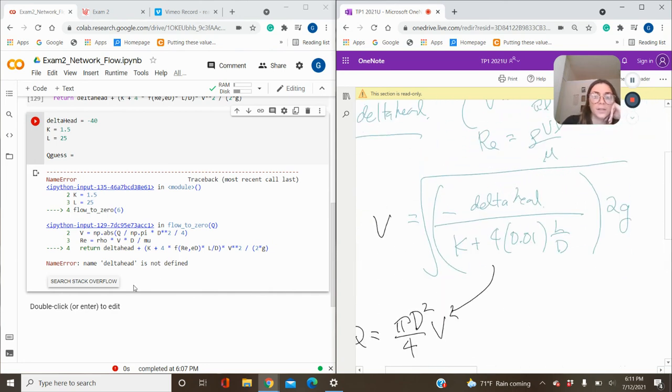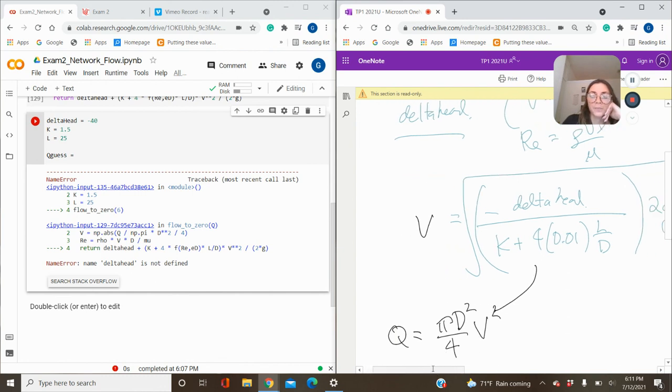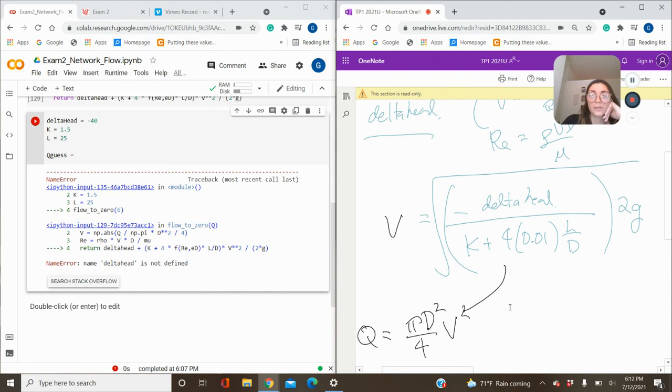I'm going to plug that in. We're going to solve for our velocity, and then we're going to plug that into our flow rate equation here. And that is how we're going to make our Q guess.